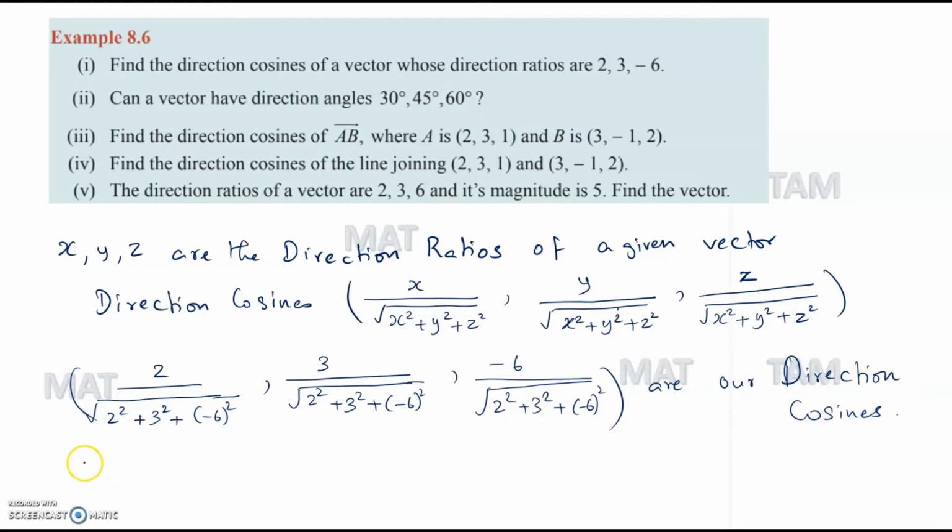Further simplifying this, we can say 2 over 7, 3 over 7, minus 6 over 7 are the direction cosines.